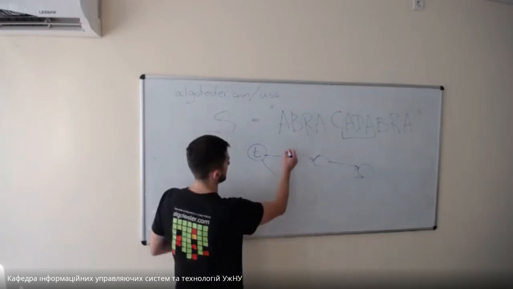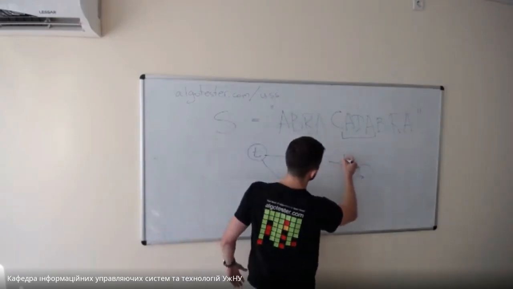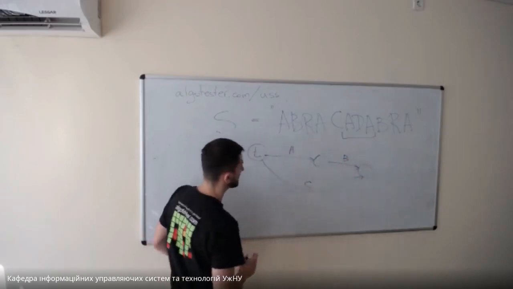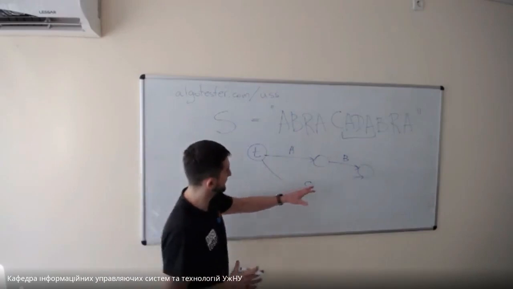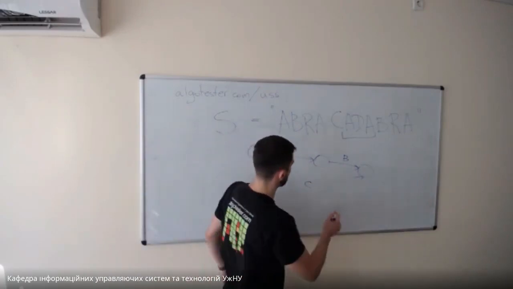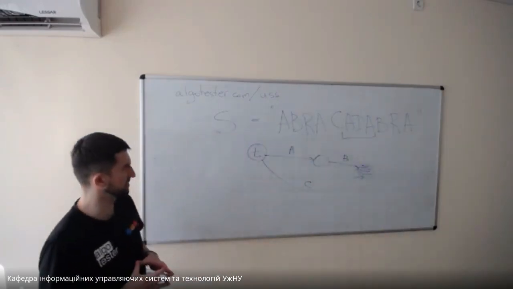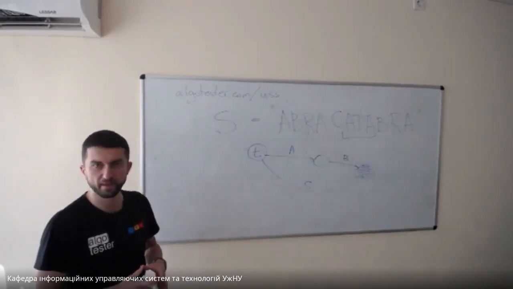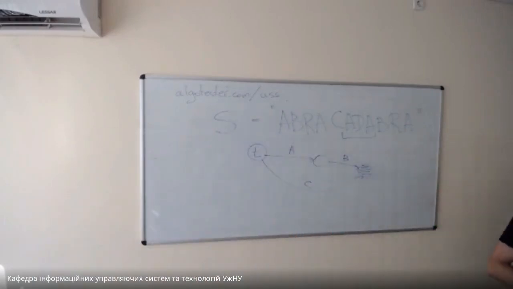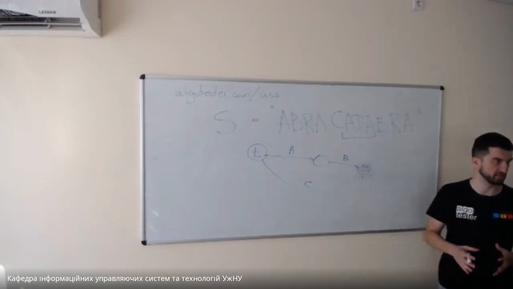For example, here we have letter A, here letter B, and here letter C. Then some vertices are terminal. For instance, this one will be a terminal vertex. In terms of the machine, these vertices are called states.